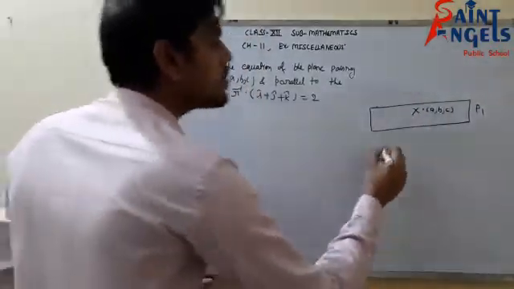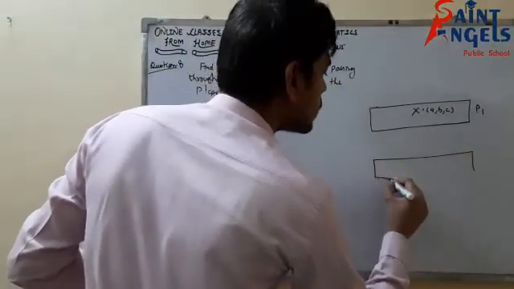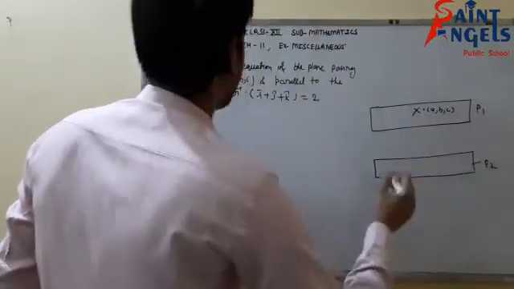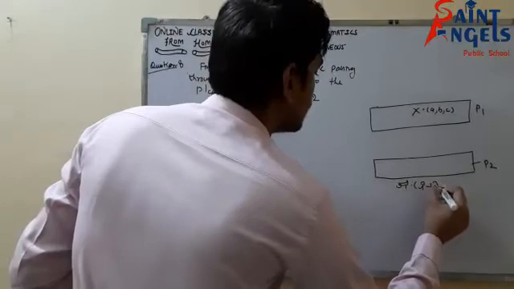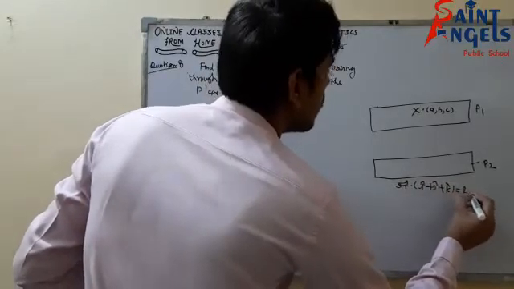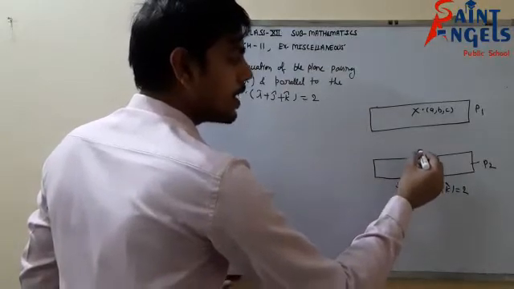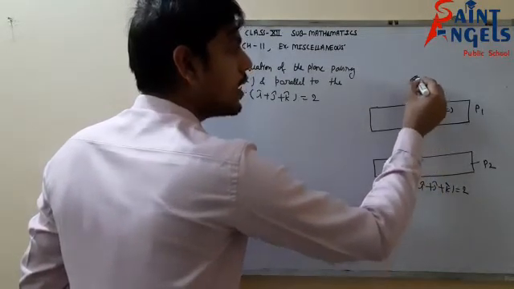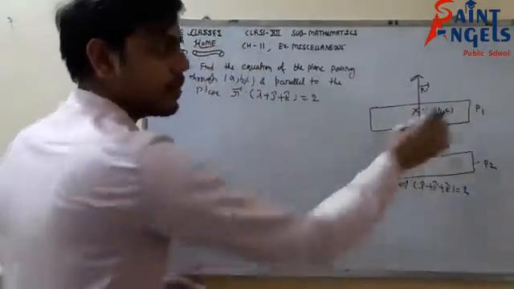Now this plane is parallel to another plane, that is P2, and the equation of the plane is r vector dot (i + j + k cap) = 2. The normal to this plane would be perpendicular to this plane.